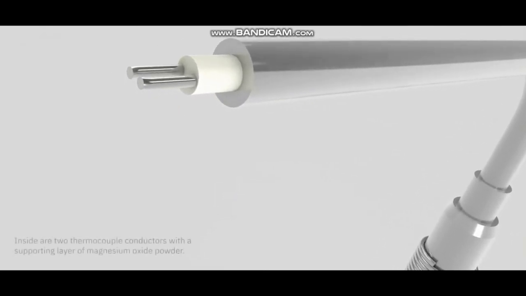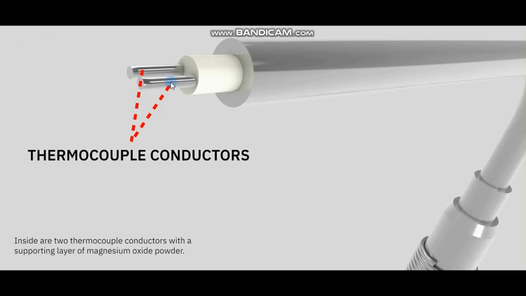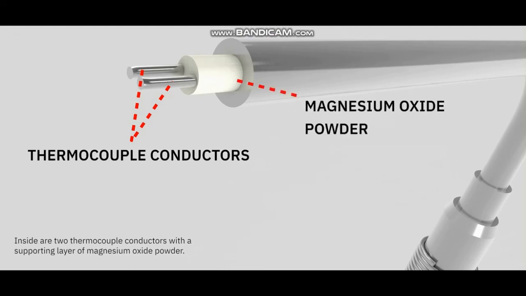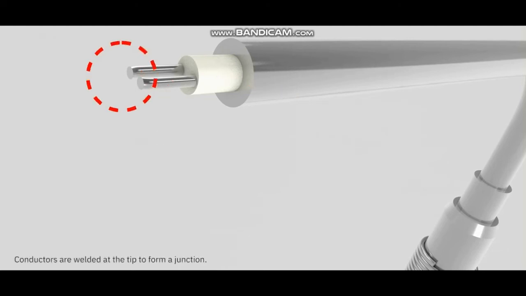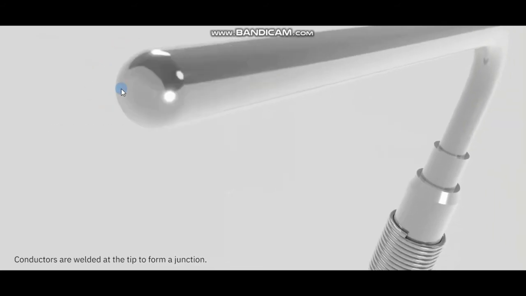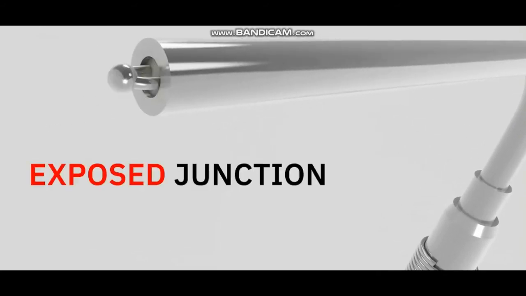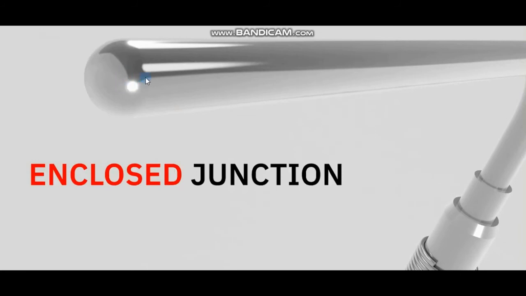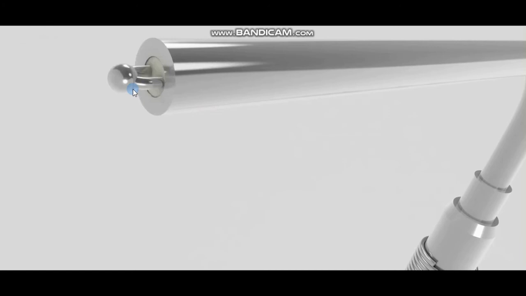Inside the stainless steel, we have the two thermocouple conductors with a supporting layer made of magnesium. And we have the junction, and our tip can be enclosed or can be exposed.